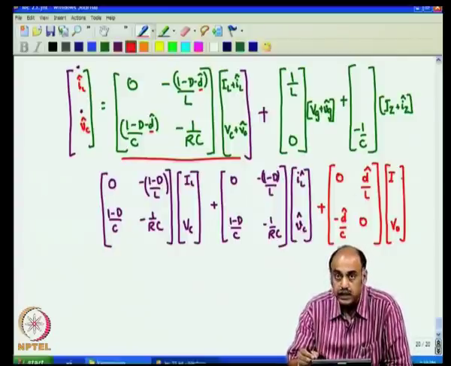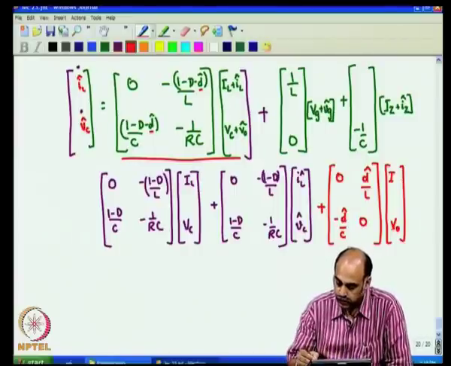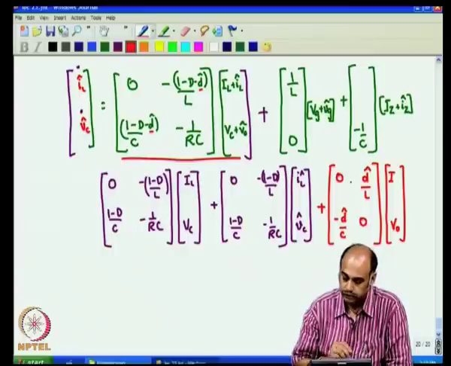We will take out d hat and push the steady state components inside.